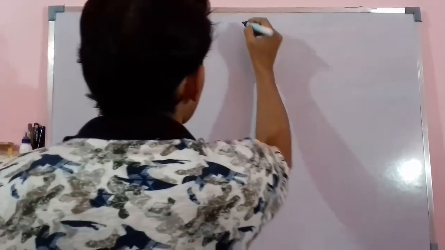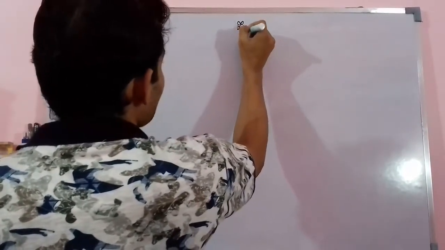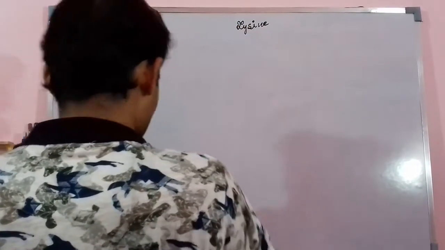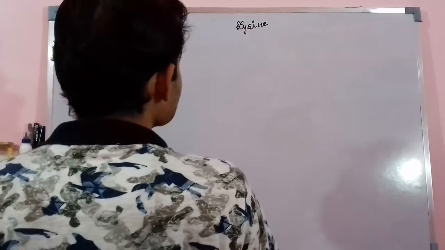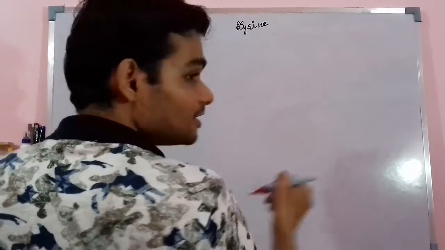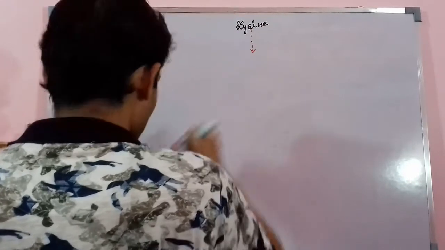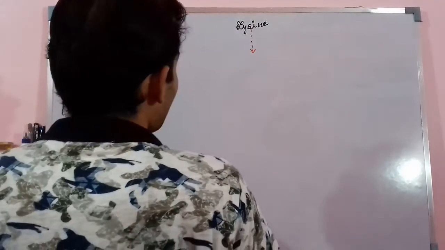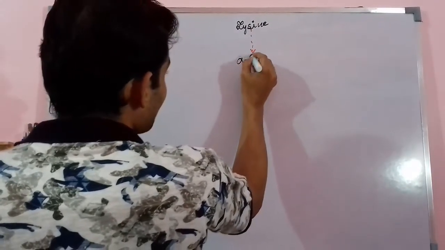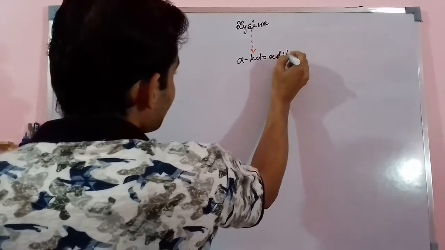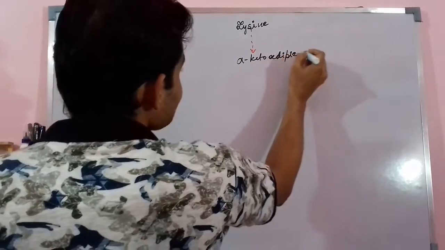Okay, so we have with us lysine. Lysine, through different successive steps, directly forms alpha ketoadipic acid.